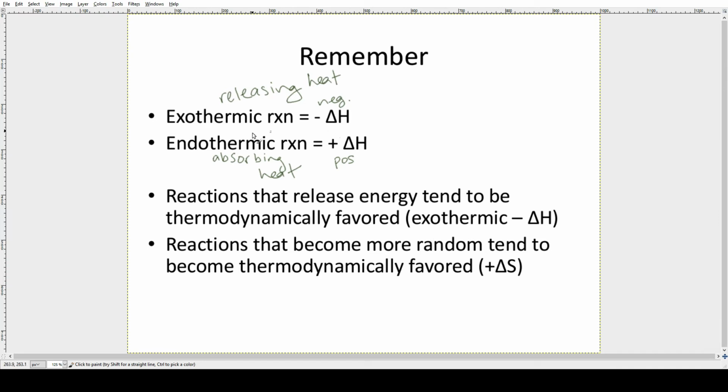So exothermic reactions tend to be spontaneous. TFP, thermodynamically favored process. And then endothermic reactions, not so much. Reactions that become more random also tend to be thermodynamically favored. So if you have a negative delta H or a positive delta S, it's more likely that it'll be thermodynamically favored.